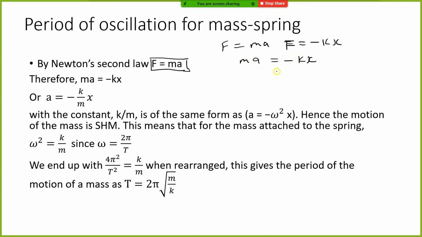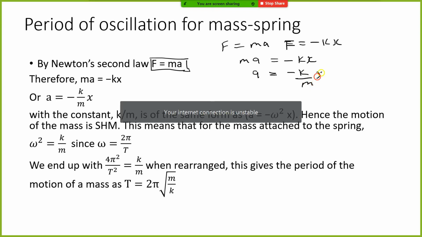And so we can make the acceleration the subject. When we do that, we see that A, the acceleration, is equal to minus k divided by m times x.